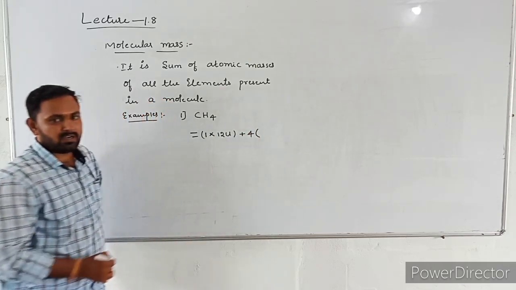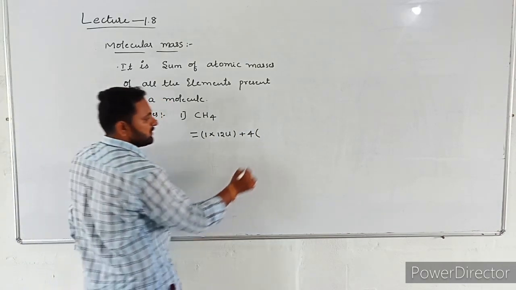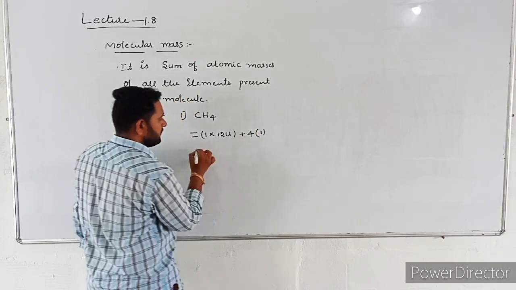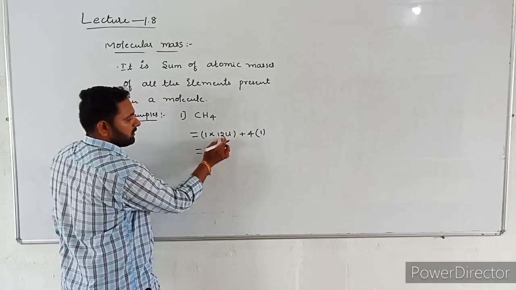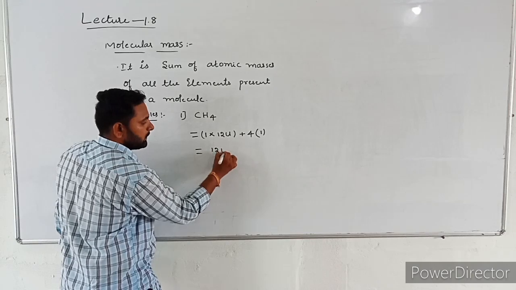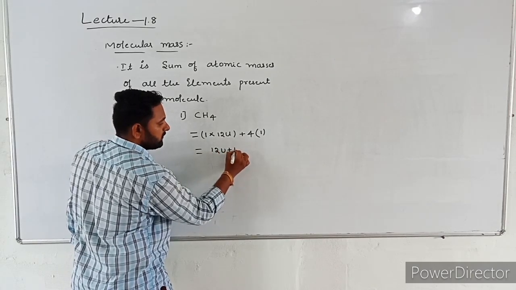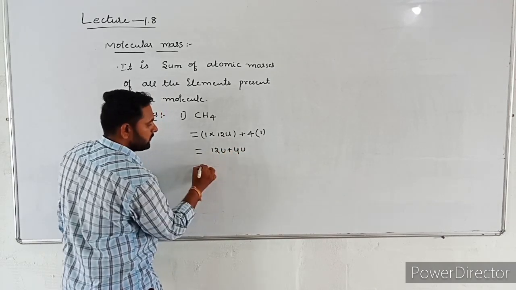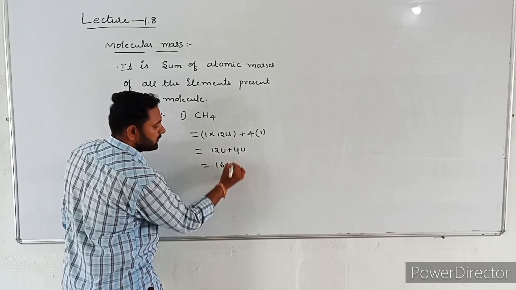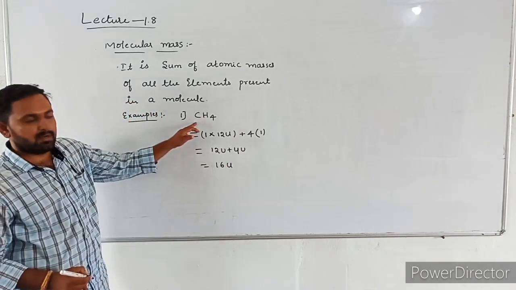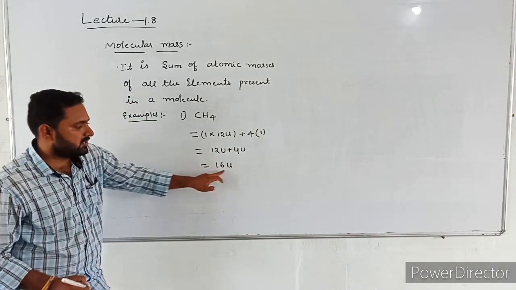Then what is the atomic mass of hydrogen? The atomic mass of hydrogen is 1. Now multiply: 12 × 1 = 12U plus 4 × 1 = 4U. Total 16U, unified mass. The molecular mass of methane is 16U.